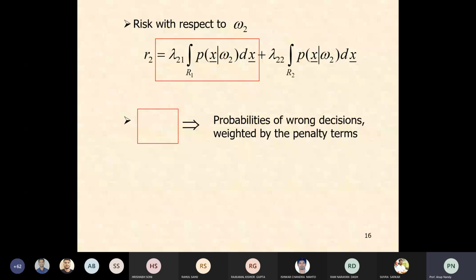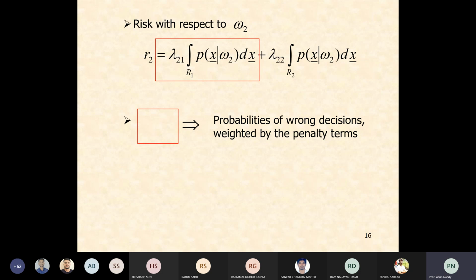Or if it is a media person, he may be sacked. So it depends on how you put weights on the errors. What is the actual meaning of the penalty terms? It is based on how much weight you provide for the corresponding error.